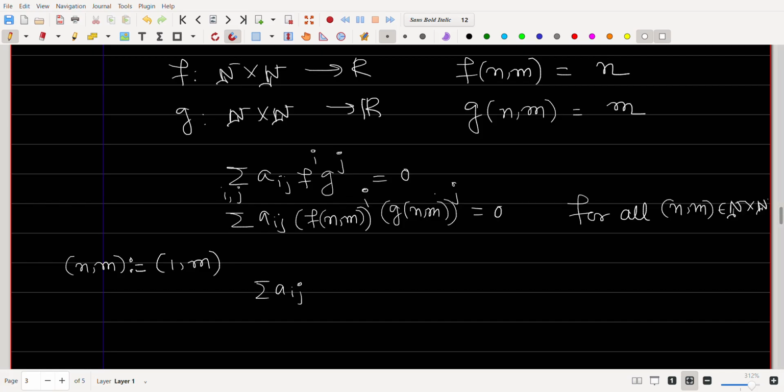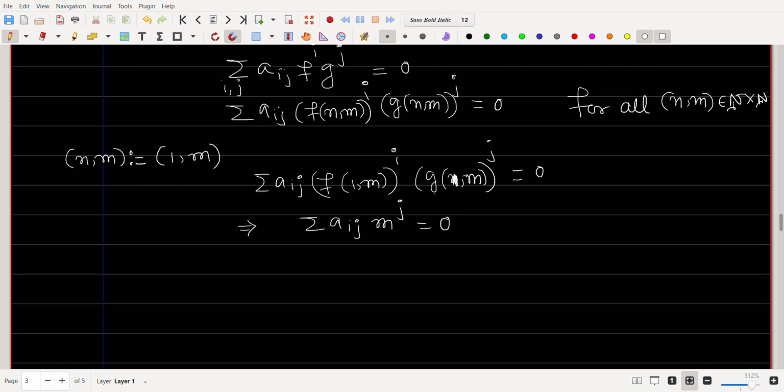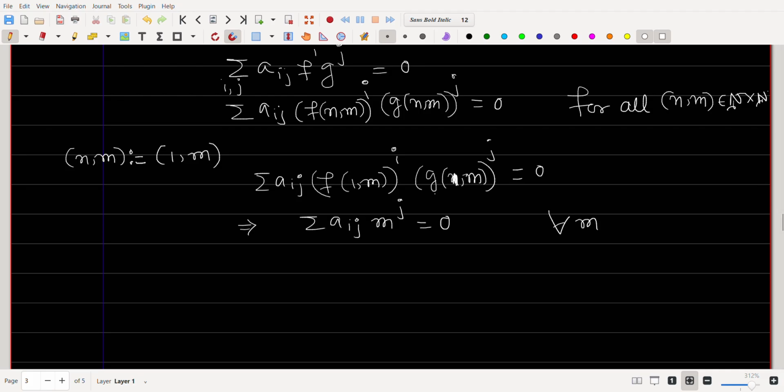Then what will you get? You will get the sum of a_ij (f(1,m))^i (g(1,m))^j is 0. This will imply the sum of a_ij, this is 1, so 1 to the power i is 1, and this is m, so it is m^j, is 0 for all m belonging to natural numbers.